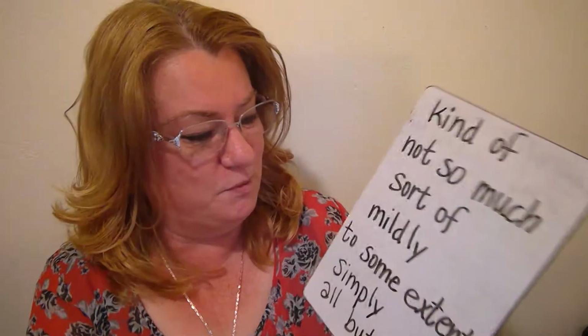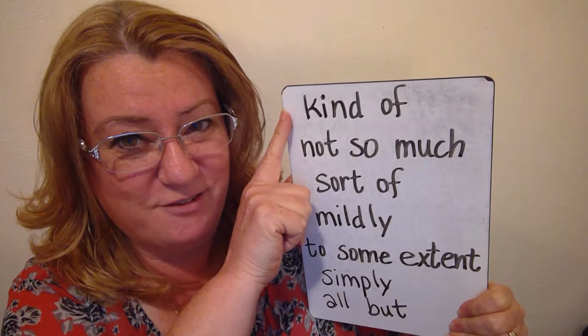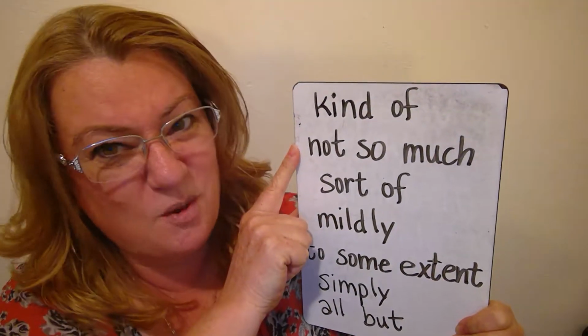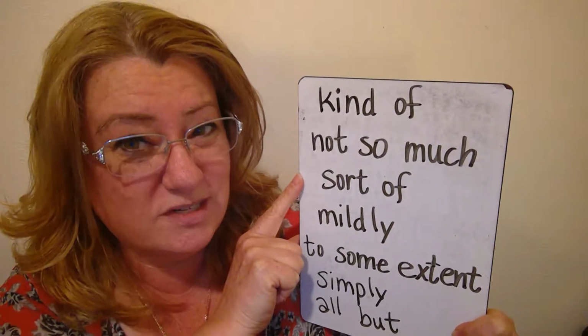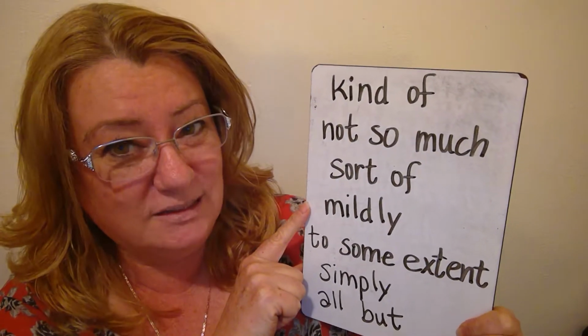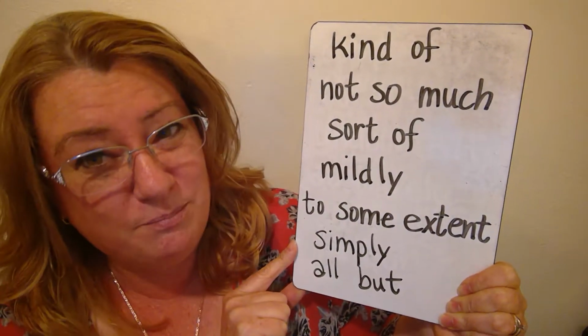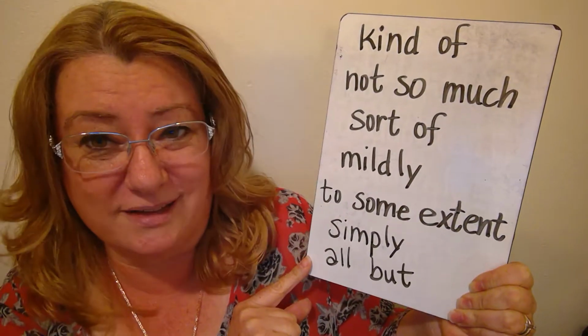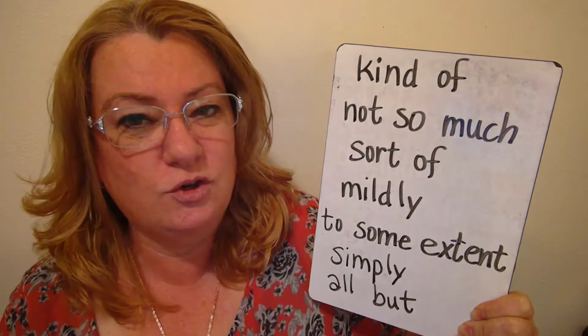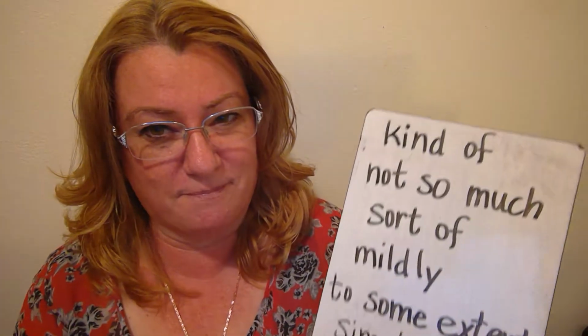These are the kind of adverbs we'll use: kind of, not so much, sort of, mildly, to some extent, simply, all but. These are all ones to be used to minimize something.